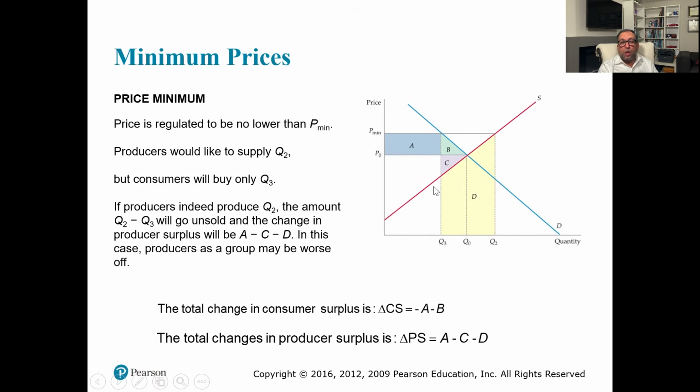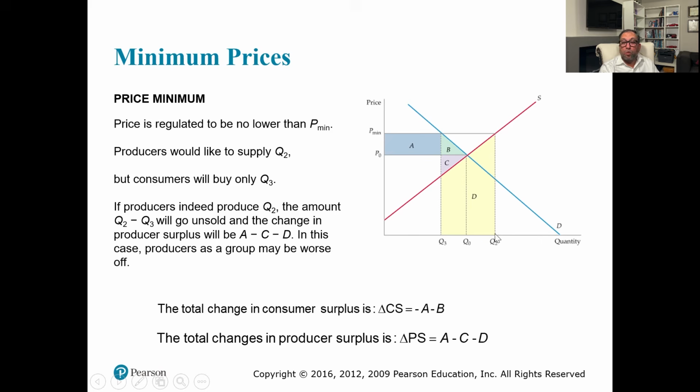Here is a case where we want to set a minimum price, when the price is regulated to be no lower than a price minimum, like this. Here we see that this is the gain to the producer. Now what is happening here in actual? Producers would like to supply Q2 at this price.